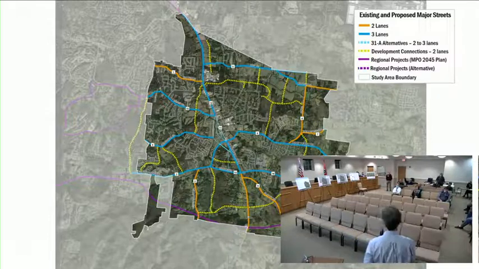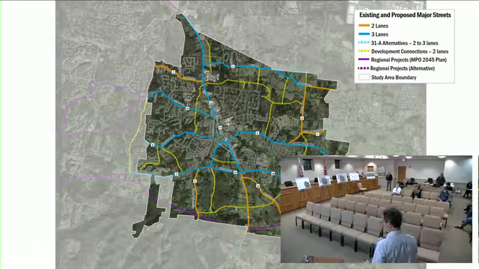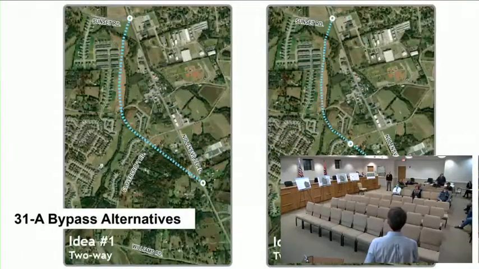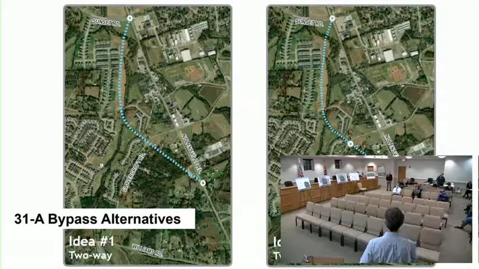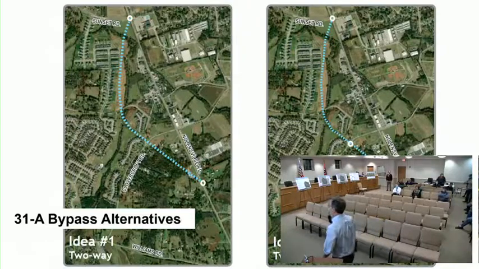Yes, sir. Question: no matter which bypass option is taken, the timeline for the beginning of one of those alternatives and the funding source, would it all be state funds? Can we get in line for that project? So we talked a little bit about this.